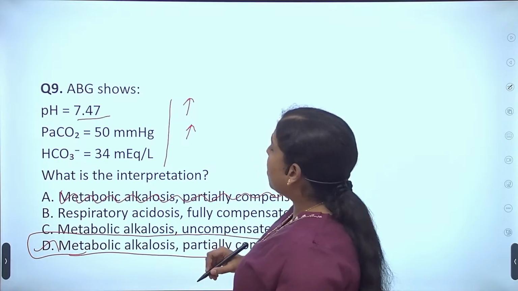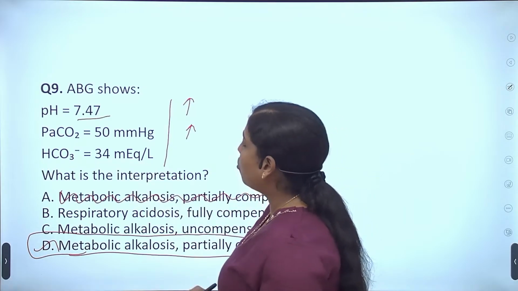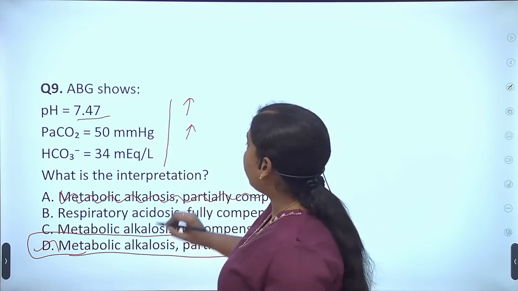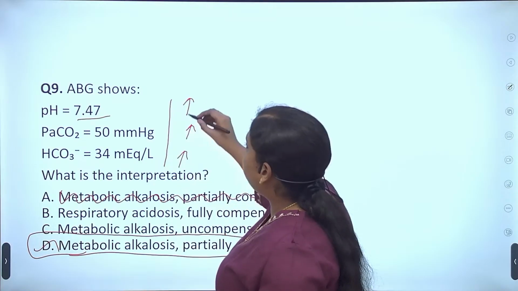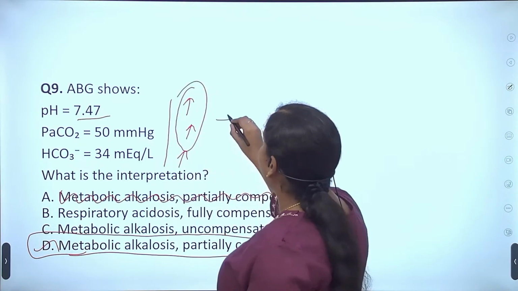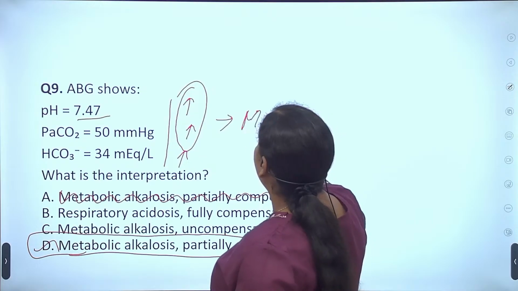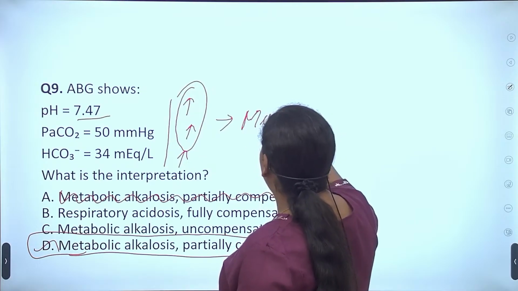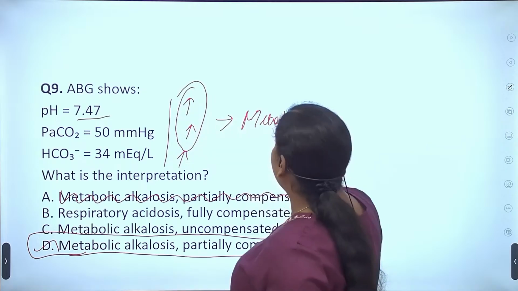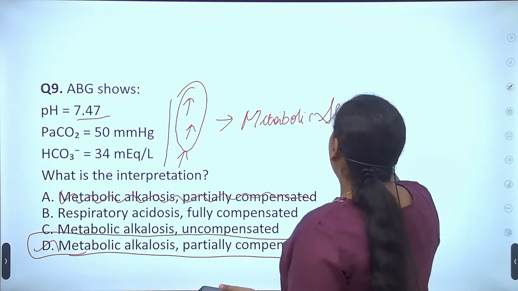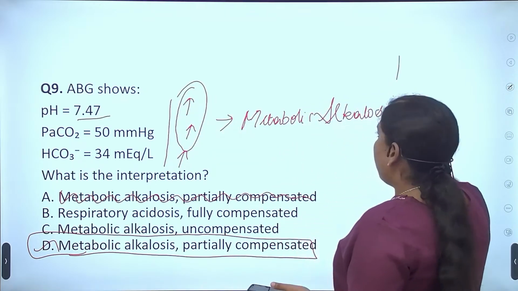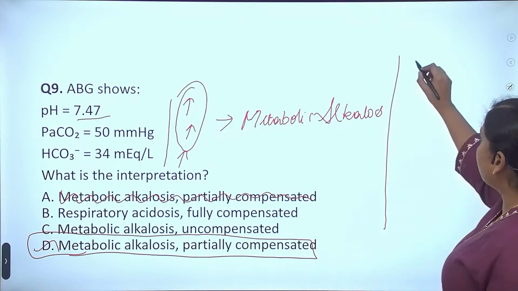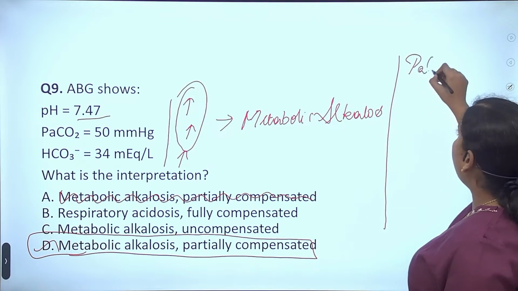And your HCO3 level, 22 to 26, is also increased. If pH and PaCO2 are going in the same direction, the problem is metabolic, and with the help of pH you can tell it is a metabolic alkalosis. When the problem is metabolic, you have to see your PaCO2 level.